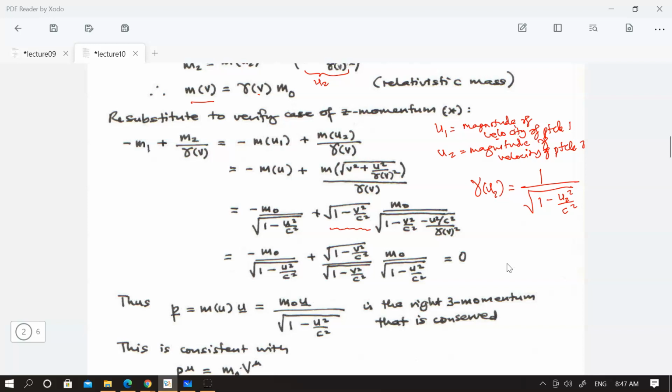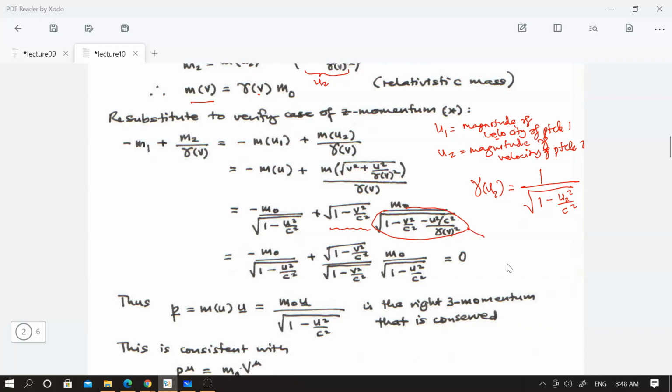Okay, so it looks horrible enough. One of the things that we can do is rewrite this thing over here. So let's take this part. Okay, and I will let you do the algebra to confirm this. This is true.